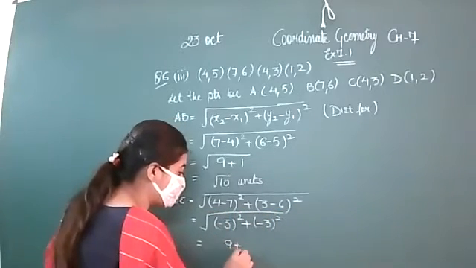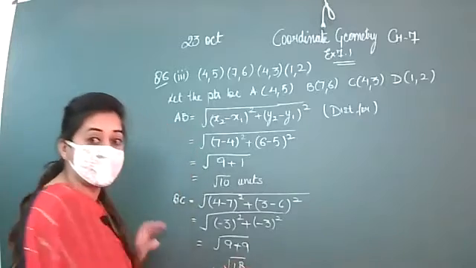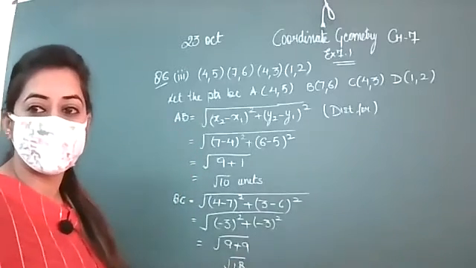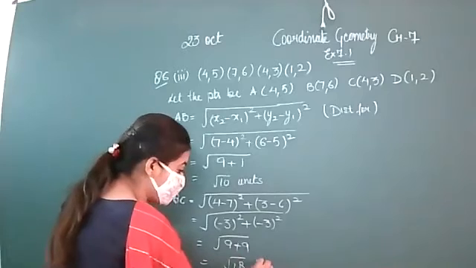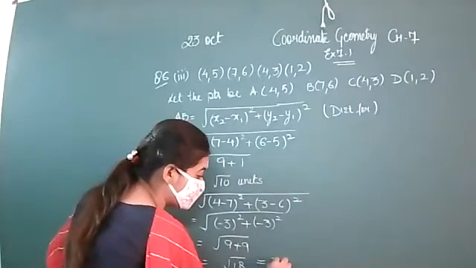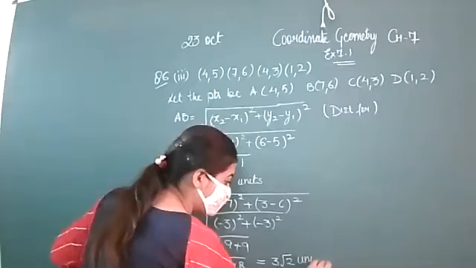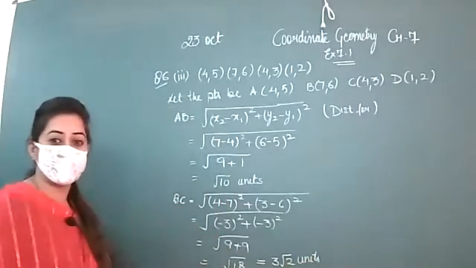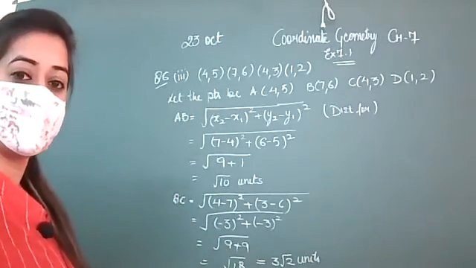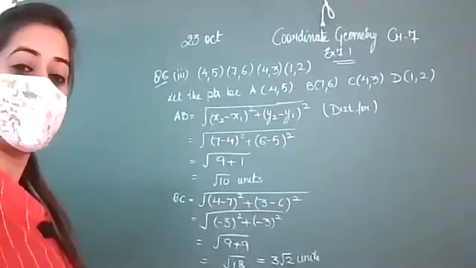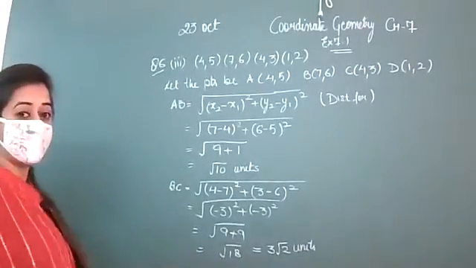That means 9 plus 9 will give you 18, and after finding the factors of 18, what you will get? 9 twos are 18. So you will write 3 root 2 units. Is it okay? Any doubt, beta? So with this, we have found out the side AB and BC.